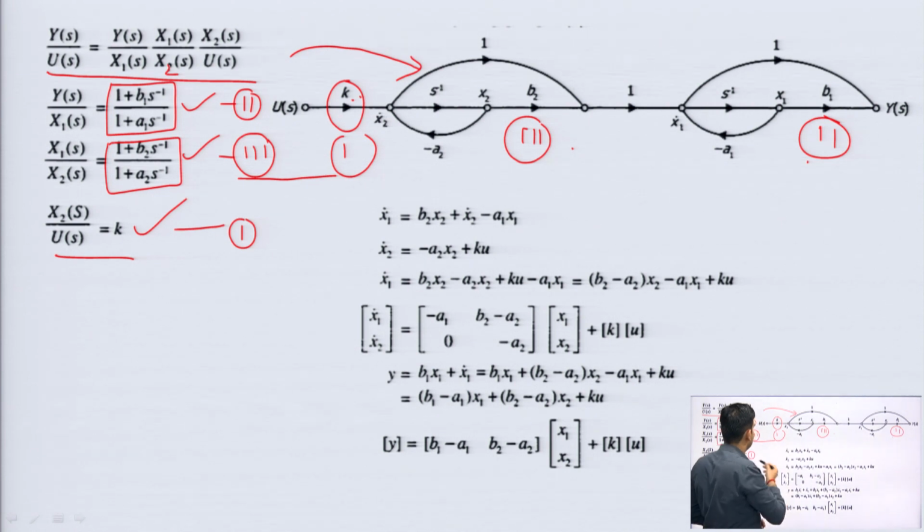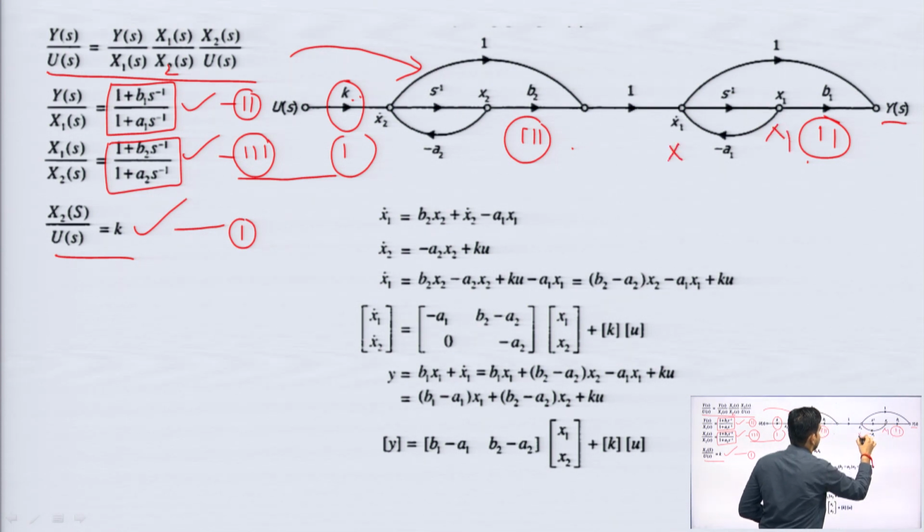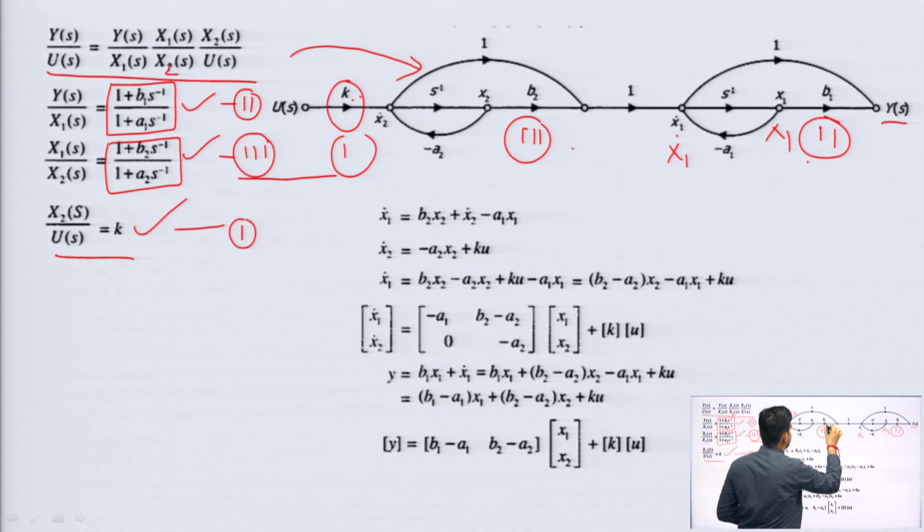Now we have to look for the available state variables. Whenever we complete this diagram, the first node would be regarding the output. The first variable would be here x1, the next state vector would be x1 dot, then here we will get x2 dot.